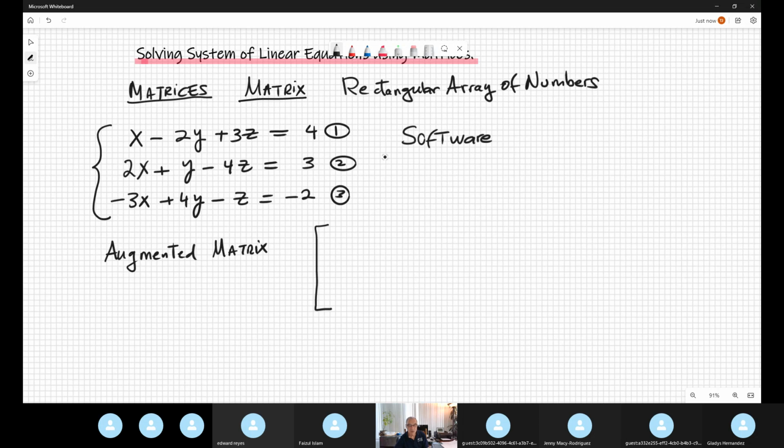By the way, the software is GeoGebra Classic. This is free on the internet. You can download it or work in the cloud. It is totally free.